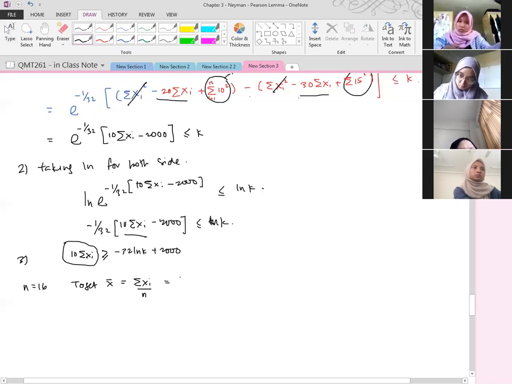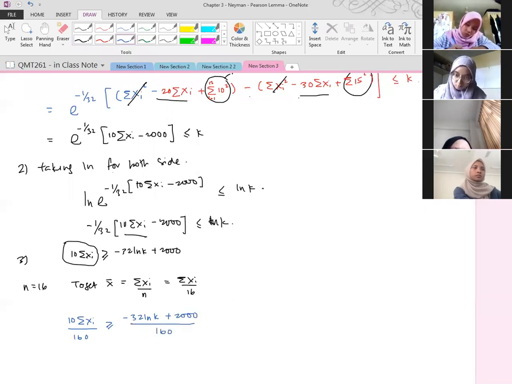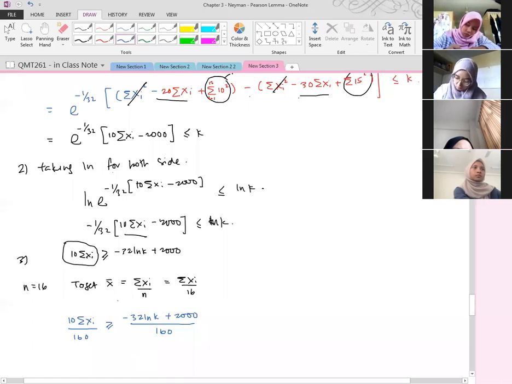We want to force this side to summation of xi divided by 16. So how to do that? We take 10 summation of xi divided by 160 more than or equal to negative 32 ln k plus 2000 divided by 160. So it's still the same result, right?